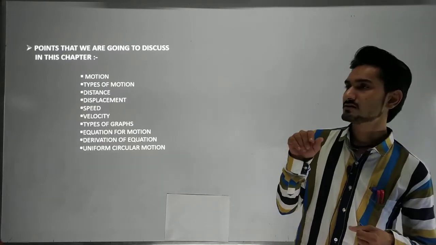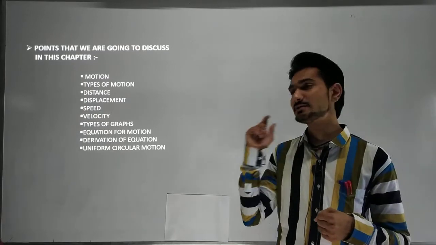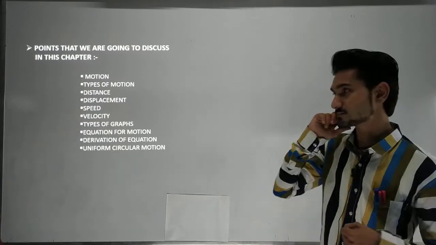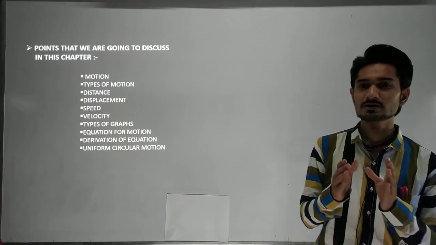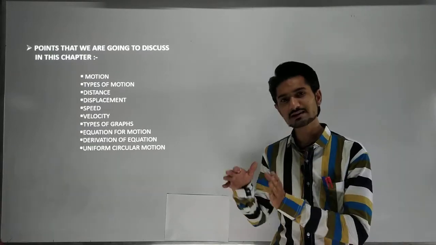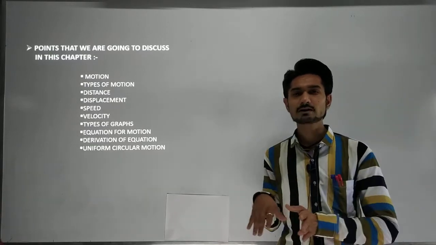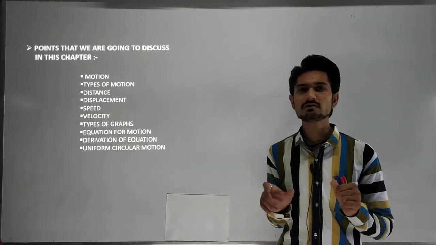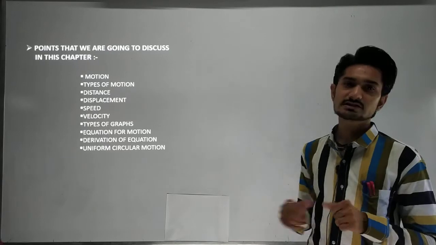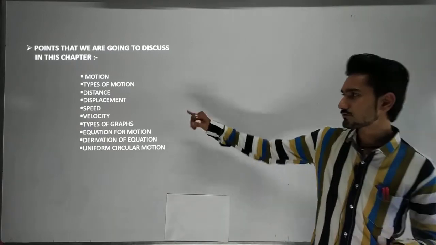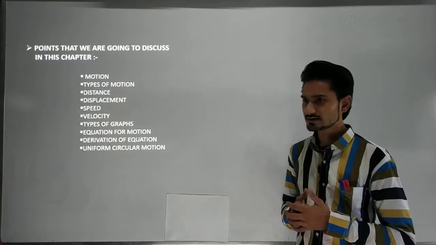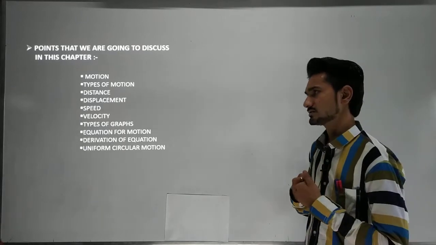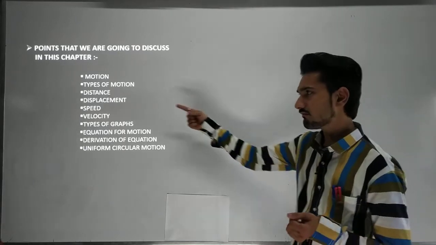while displacement is the shortest change in my position. If I change my place from one place to another and afterwards to another, and then come back, the shortest distance between the start and end positions is the displacement. For measuring displacement, I need the direction, and that's why it is considered a vector quantity.